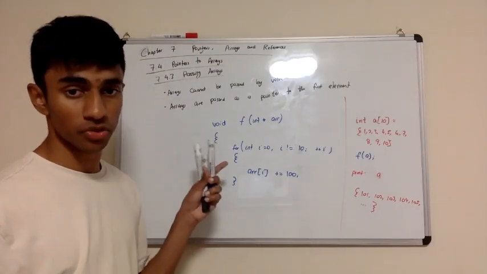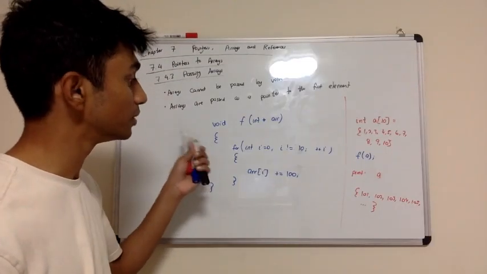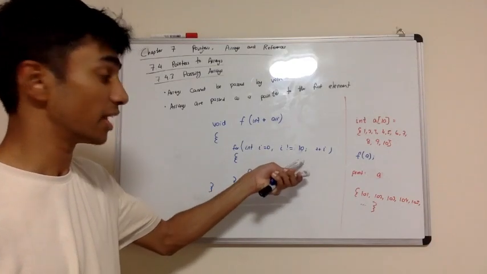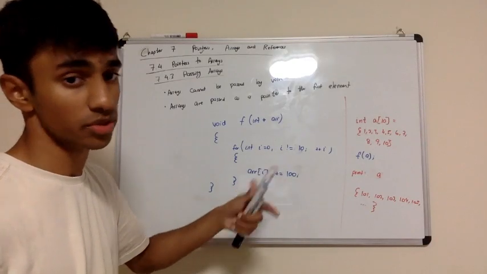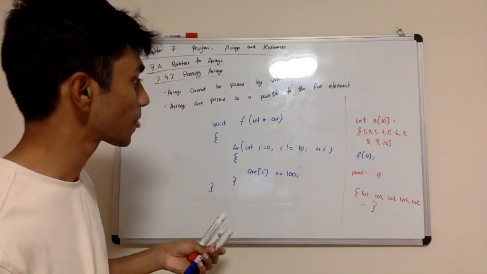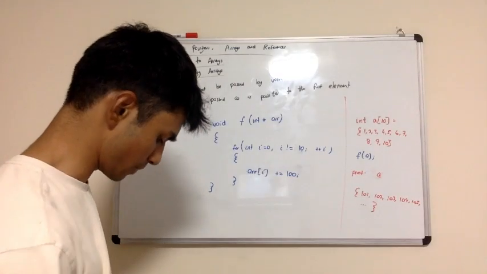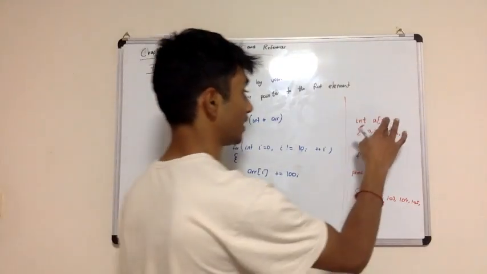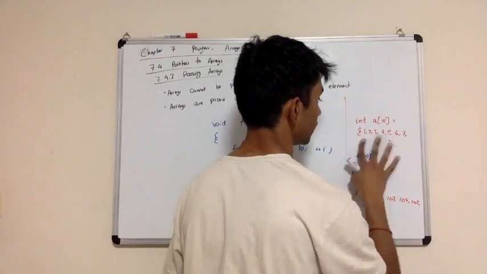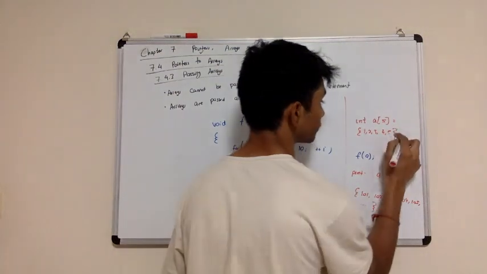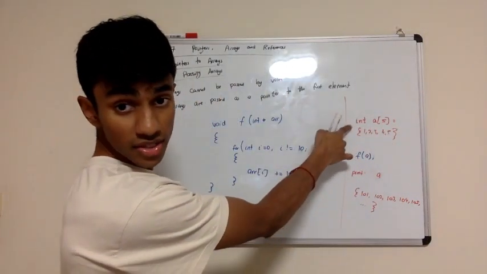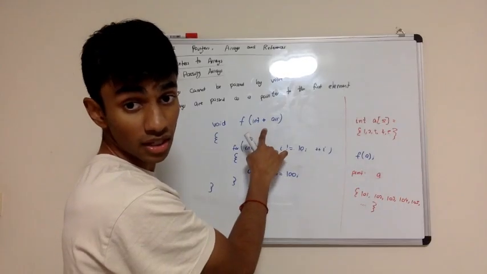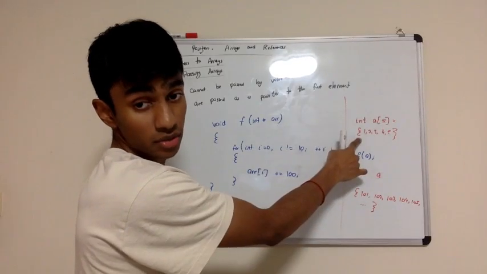However, there is a problem with doing this, and that is this function completely assumes that the size of the array is 10, because i can be 0 through to 9, which is 10 elements. But if, for example, let's say instead of a[10], I made it a[5] and only did this, this is completely legal, and passing a into f is completely legal, because all that would happen is the first element's address would be passed in.